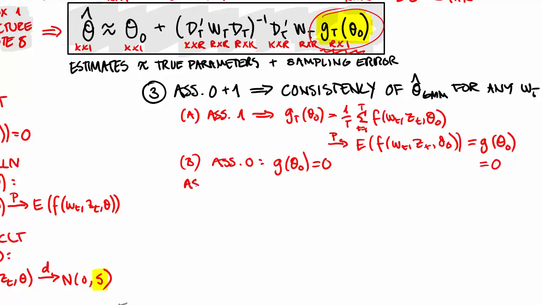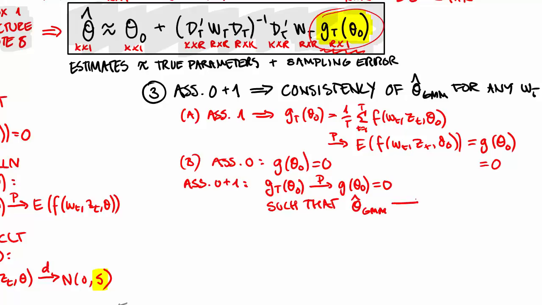So jointly, assumption 0 plus assumption 1 implies that g_T of theta 0 converges in probability to the population moment, which is equal to 0, such that the GMM estimator converges in probability to the true parameter for the sample size going to infinity.